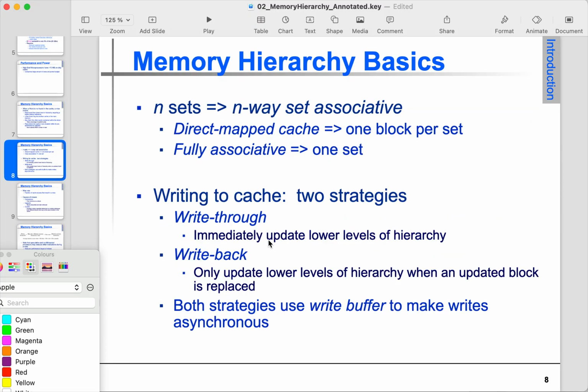Okay, so memory hierarchy basics. We have a direct mapped cache, or one block per set, and then we have fully associative cache, which means that we only have one set.